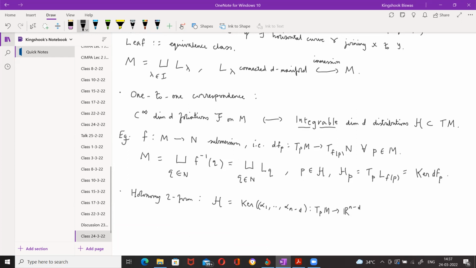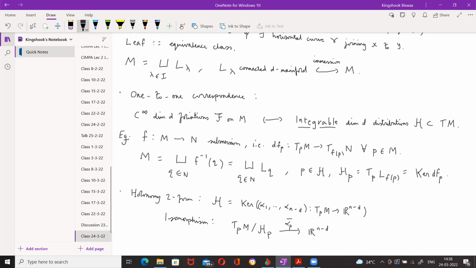Okay, and so this induces an isomorphism by the first isomorphism theorem, from TPM mod the kernel, which is HP, alpha P bar, which maps into R^(n minus d).